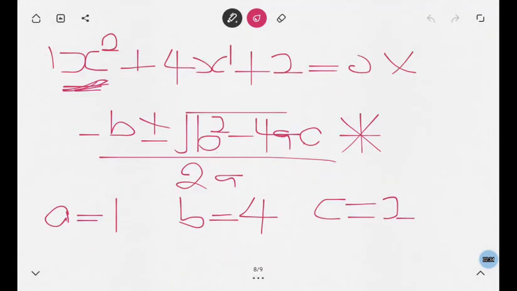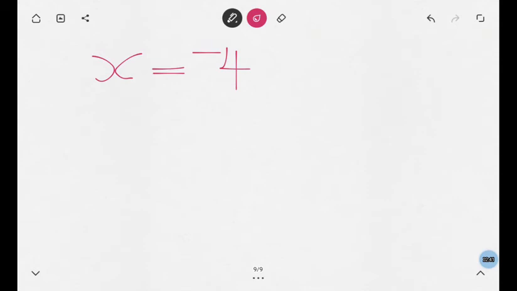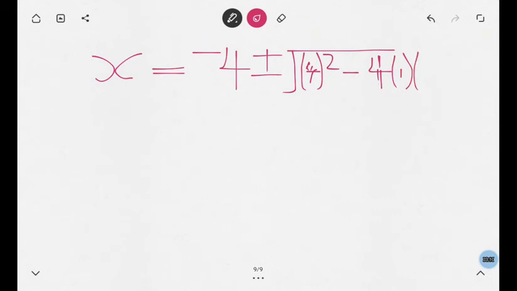So it means we have b to be 4, so minus b, we are going to have minus 4, and then plus or minus the square root of 4 squared, okay, and then we have minus 4ac, but we know a to be 1, and then c to be 2 from the question, all over 2 into a. So the next thing is for us to simplify.